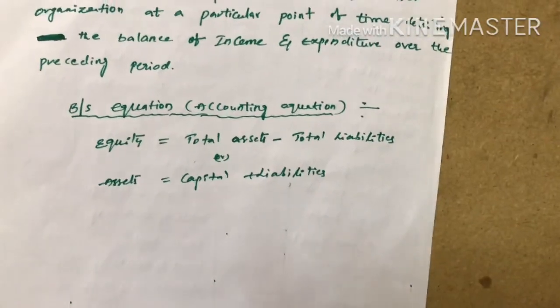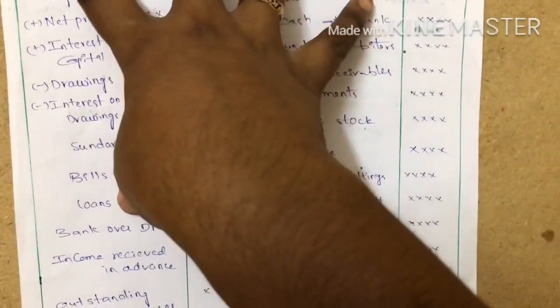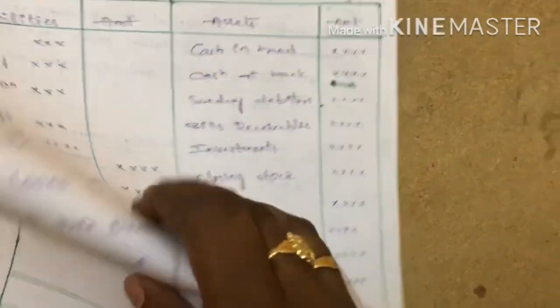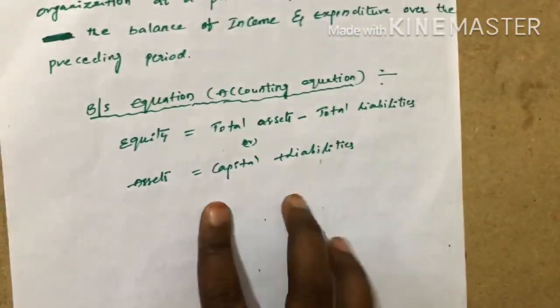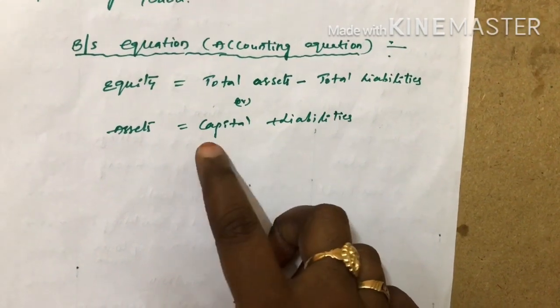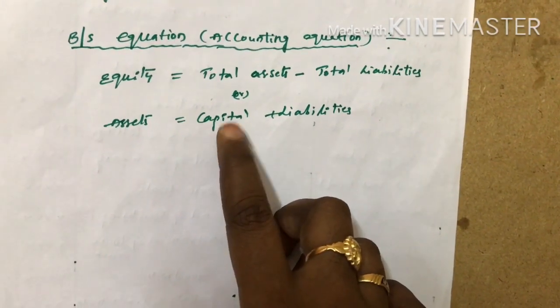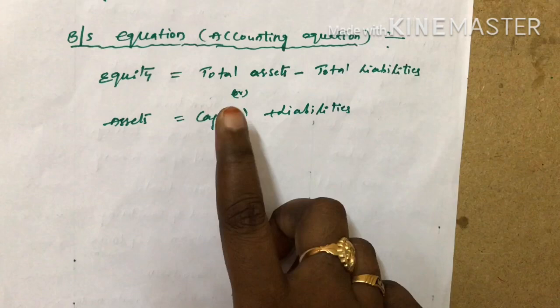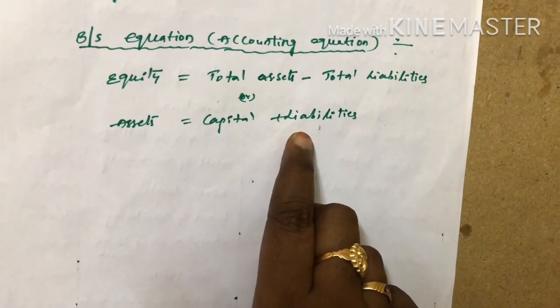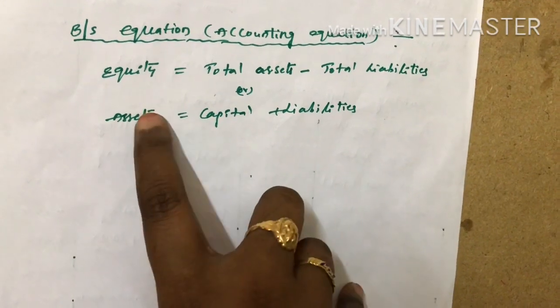Now you can see the format of a balance sheet. Remember, assets equal capital plus liabilities. If in case I want capital, we can write capital is equal to assets minus liabilities. But you don't write it on the assets side.